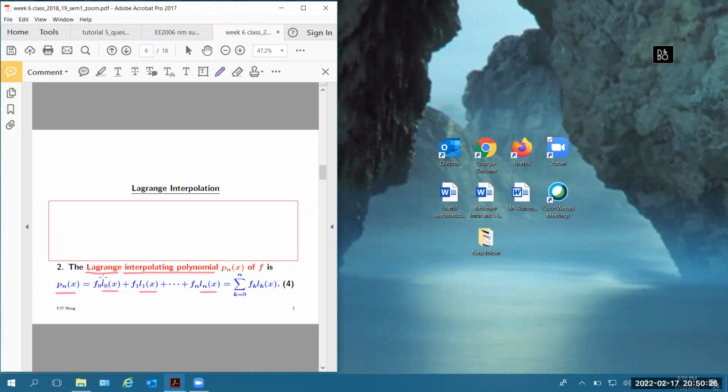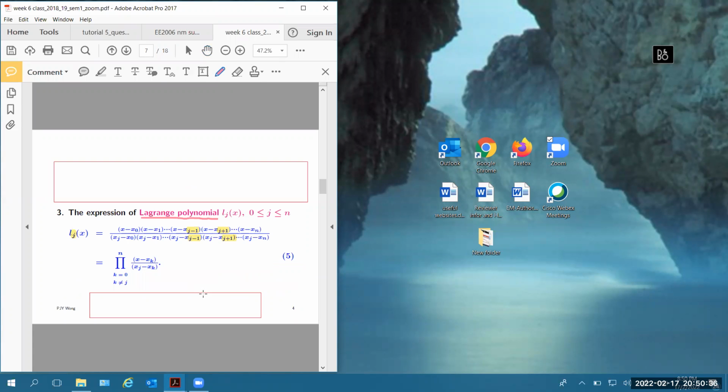Just now that one is called the Lagrange interpolating polynomial, Pn(x). You see, you have the word interpolating there, so that's different. This one is just the Lagrange polynomial, so these are the L0, L1 until Ln.